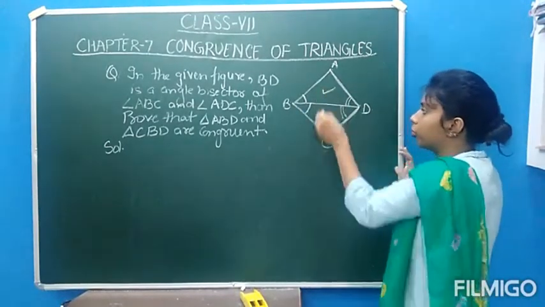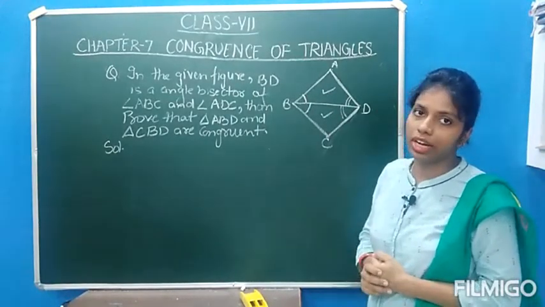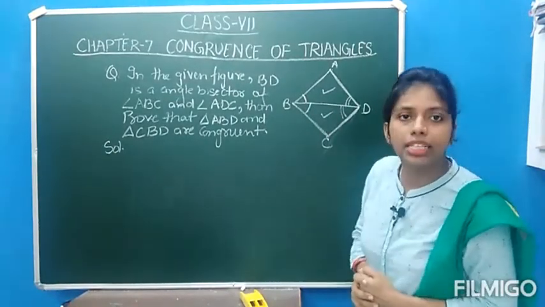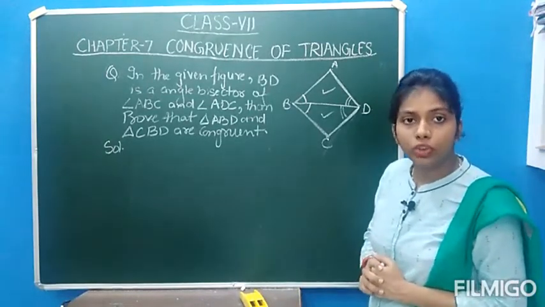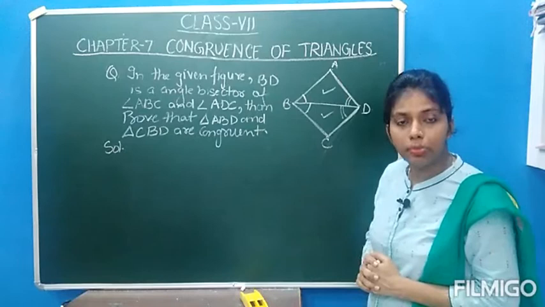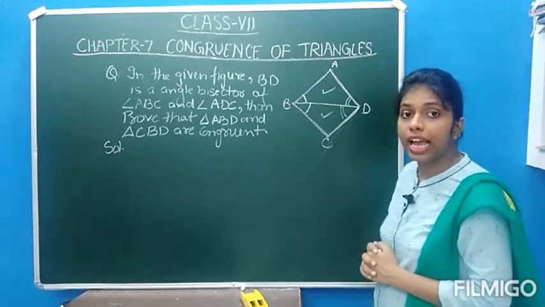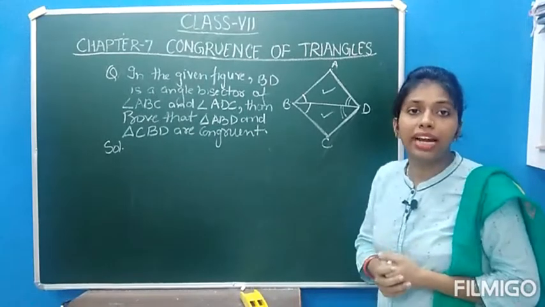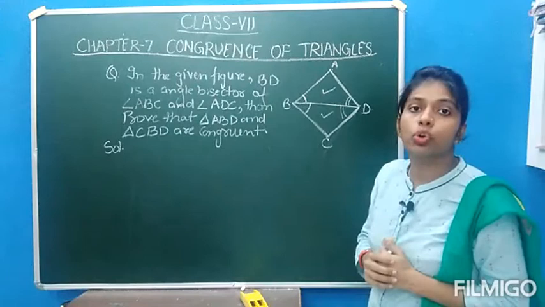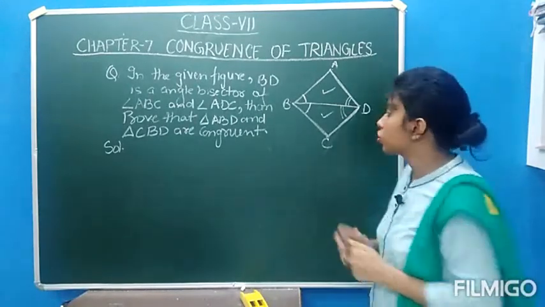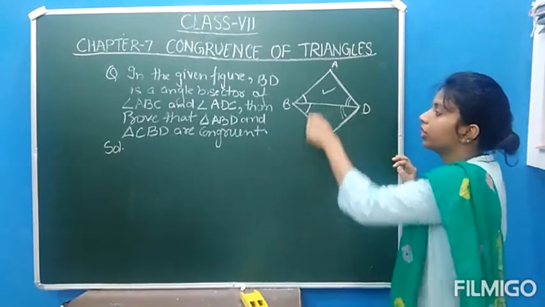So we have to prove that these two triangles are congruent to each other. Here two angles are given, so we can use the angle side angle property, but for this criteria we need one side also. So let's search for a side between these two equal angles.